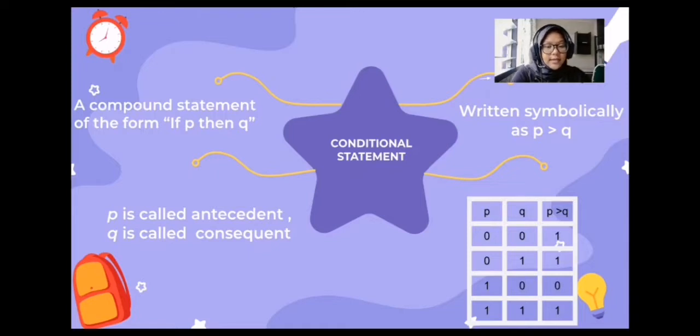We can check the truth value for the conditional "if P then Q" in the truth table. If the value of P is true and Q is false, then the conditional "if P then Q" is false. Otherwise, "if P then Q" is true. So that's for the conditional statement.